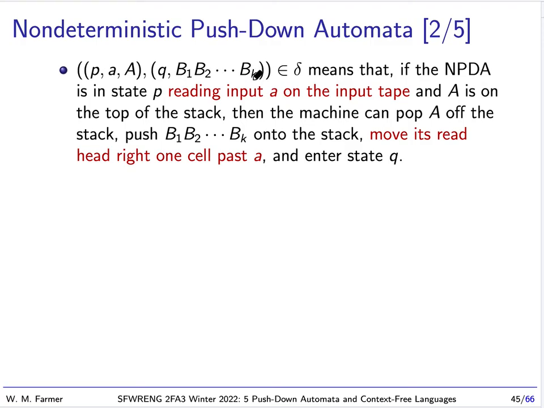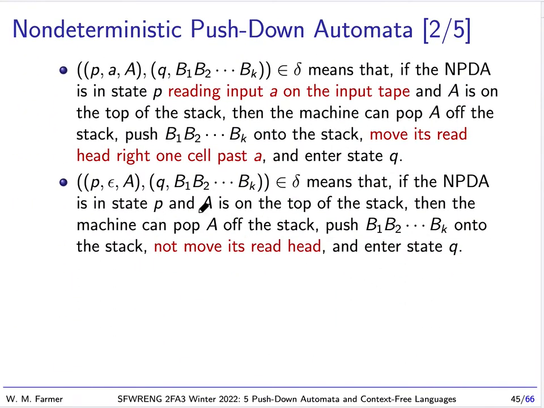So we push BK, then BK minus 1, and so forth up to B1, and then we move to a new state, Q. And on the input tape, we move one step to the right. So that's what normally happens.